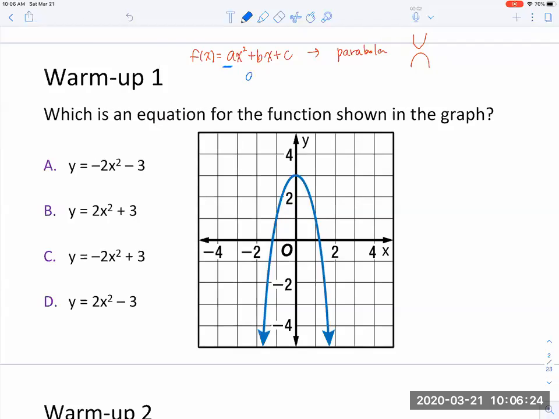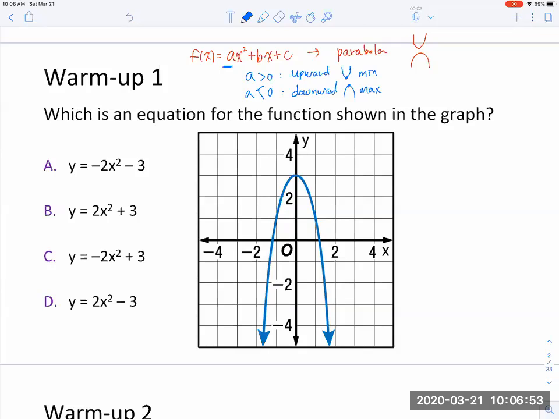If your a is positive, your graph is going to be upward, which is a U shape. And think about it, a U shape has a minimum point. Also, if your a is negative, you're going to be downward. Your two tails keep going down, down, down, which is your umbrella. It has a max point. Remember that?